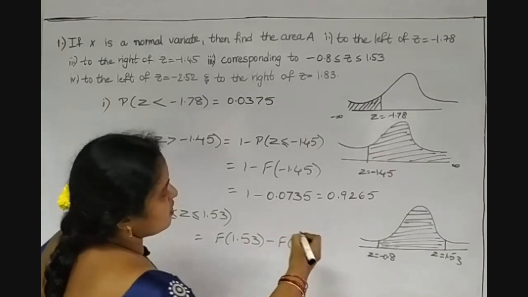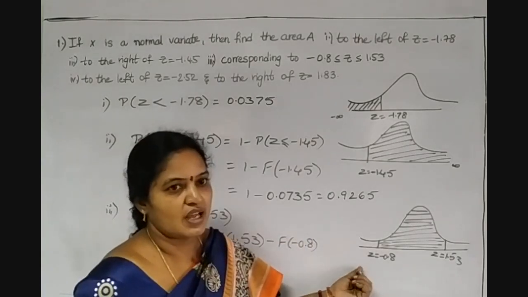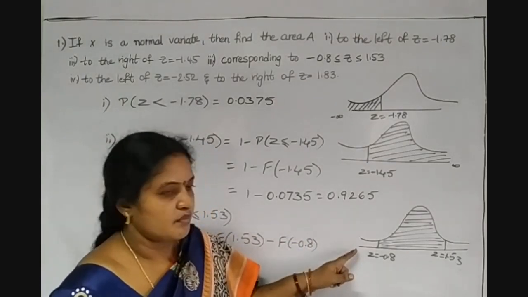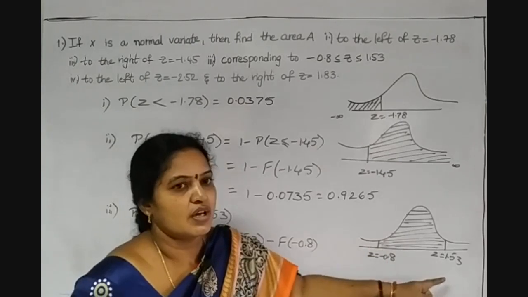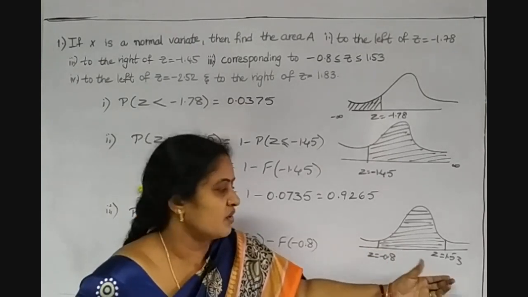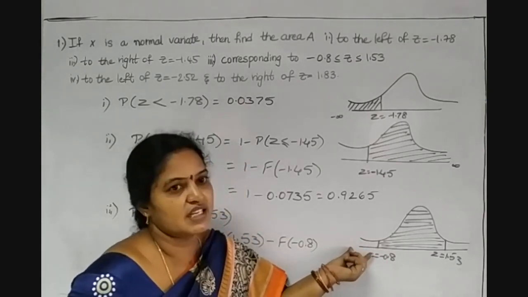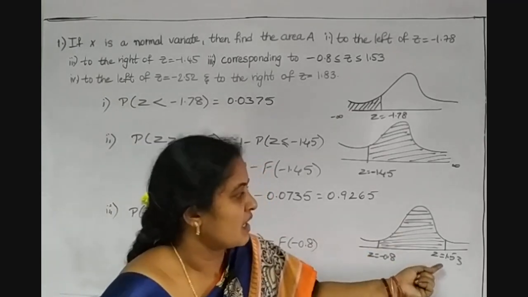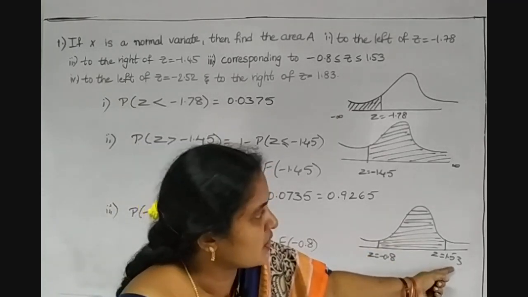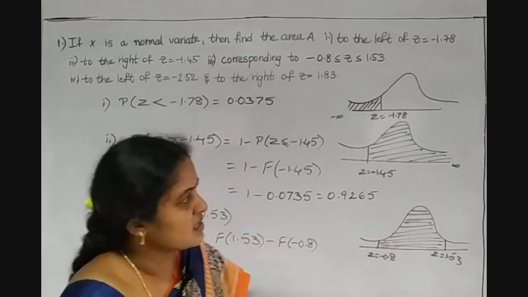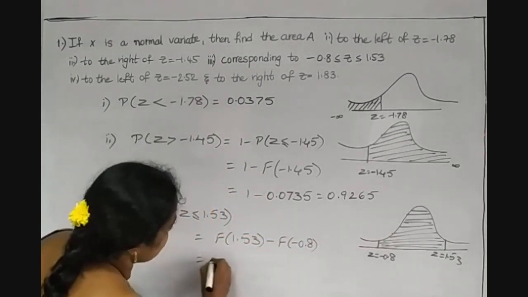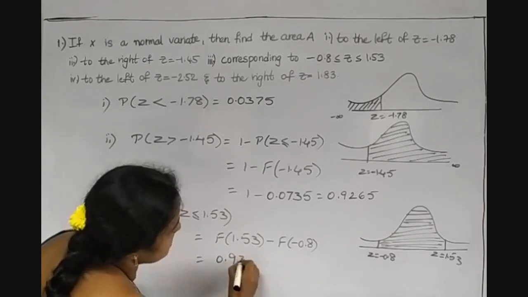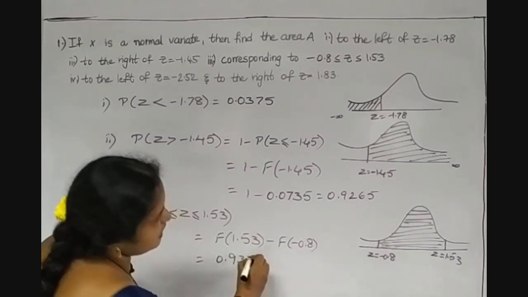That means we will first find out the value from minus infinity to 1.53, and we have to subtract this left side area value. So 1.5 at 0.03, its value is 0.9370.